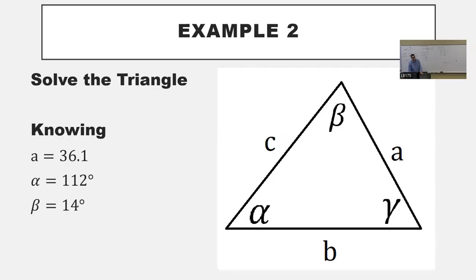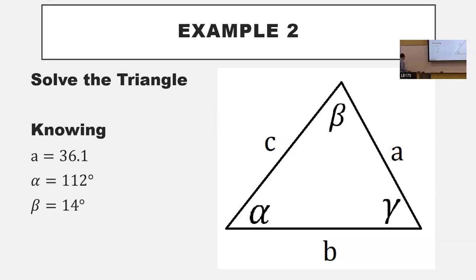The advantage of law of sines is that law of sines is going to work on any triangle. So let's move on to another example where we cannot use SOHCAHTOA and we cannot use the Pythagorean theorem because I don't have a right triangle.